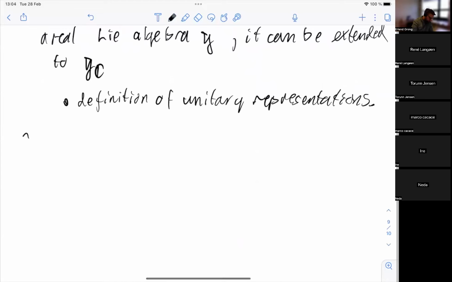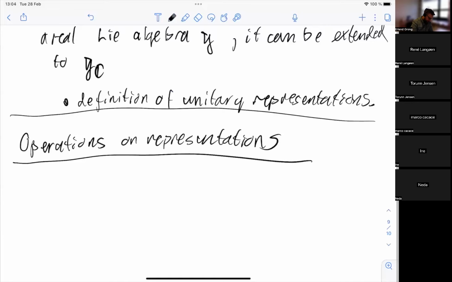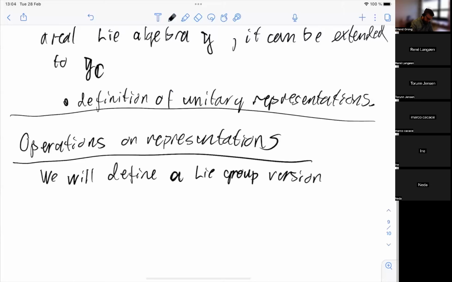Now let's talk a bit about operations on representations. So in what follows, we will define the Lie group version and the algebra version.